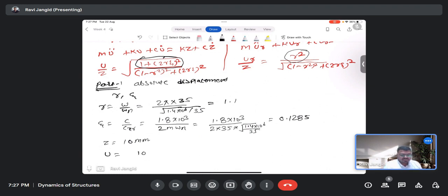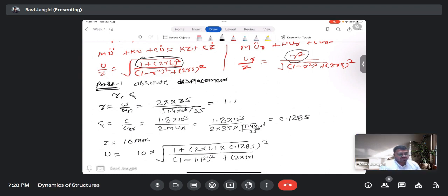Z is 10 mm multiplied with the transmissibility: 1 plus 2 into R, which is your 1.1, zeta is your 0.1285 squared, over 1 minus 1.1 squared plus 2 into 1.1 into 0.1285 squared.